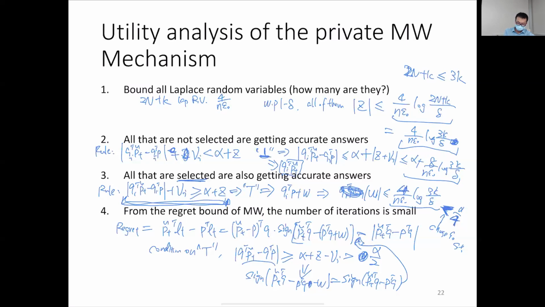Okay. So now we have this, and the regret is a summation over LT, and then we also have the regret bound.